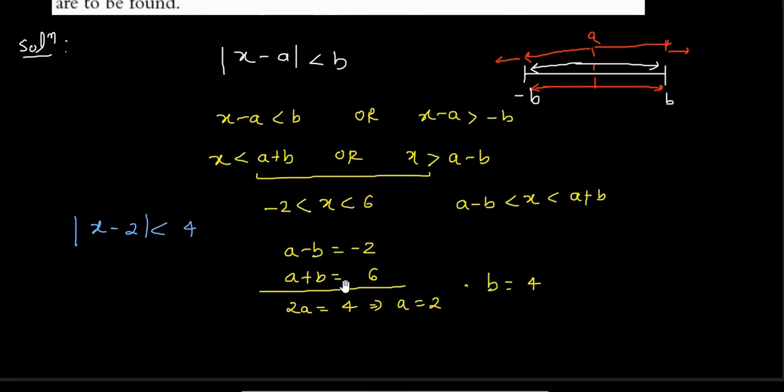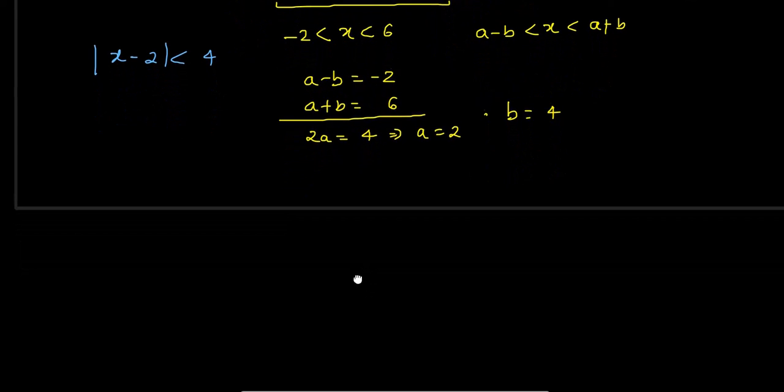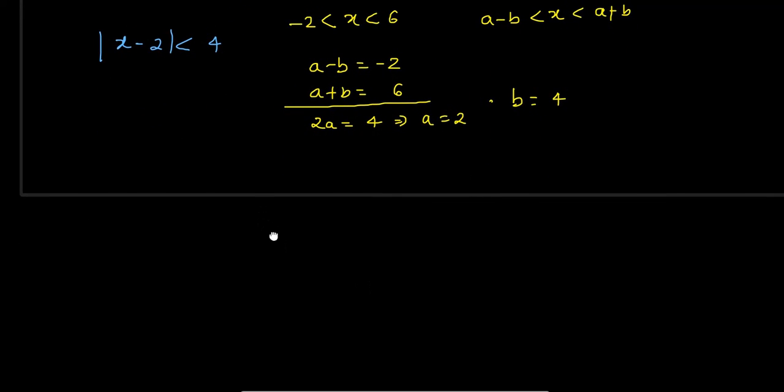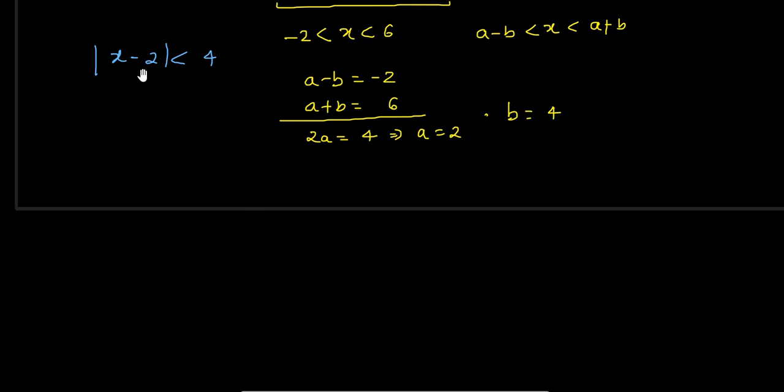We can visualize this by again applying the concept of distance. Suppose this is our number line, and my initial position is, let us say, 2. It says that my movement should be less than 4, my distance should be less than 4. If I am moving towards the right, the distance should be less than 4, so the maximum point I can arrive at is 6.